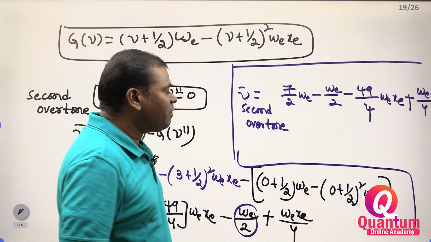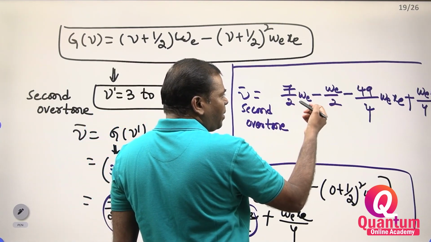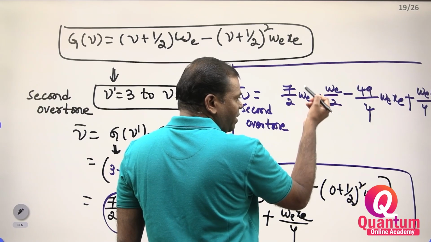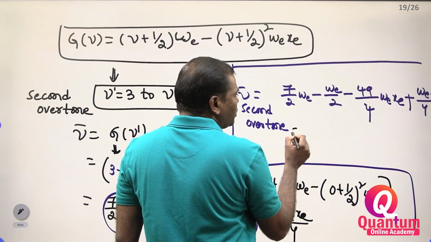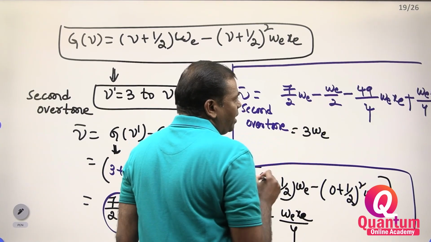First take omega e common: 7 minus 1 is equal to 6, 6 by 2 is equal to 3 omega e.